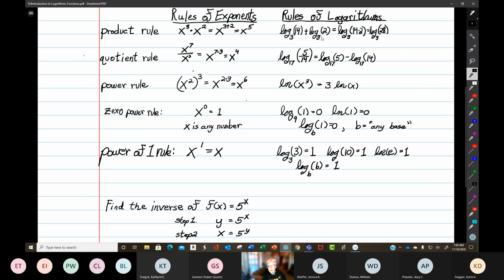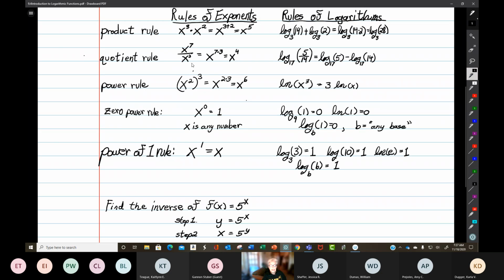So these two logarithms added together are going to equal log base 3 of the arguments multiplied, 14 times 2, which is log base 3 of 28. Nothing special about those numbers.